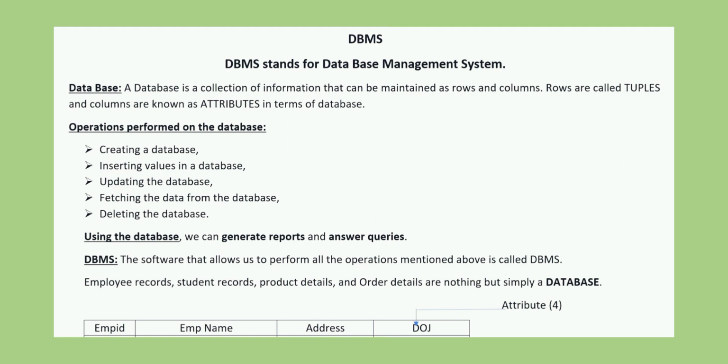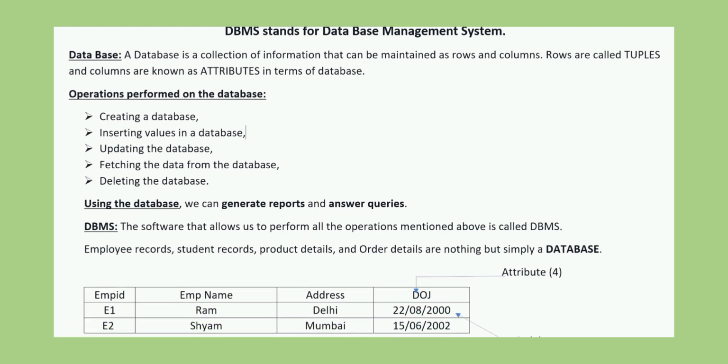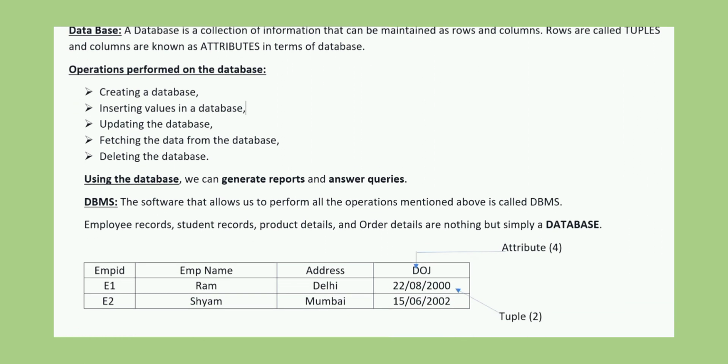Now we will see, like we are maintaining records related to, suppose, employees. We are maintaining records related to students, product details or order details. So employee records, student records and product details are all known as databases.